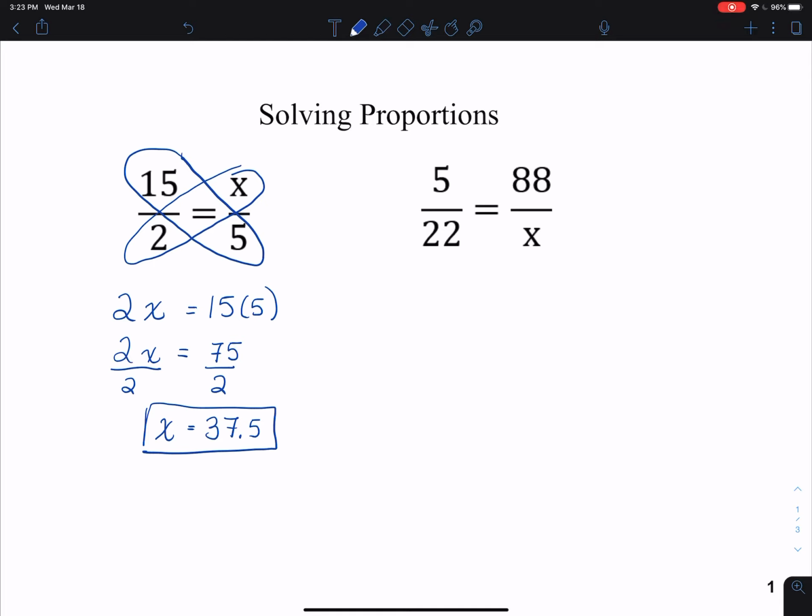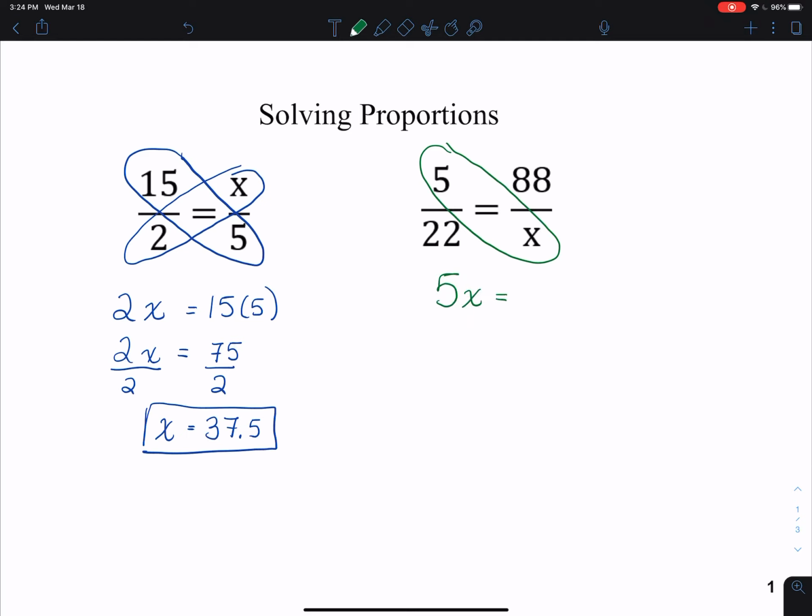If I look at this other proportion, I have 5 over 22 equals 88 over x. So I'm still going to solve by cross multiplying. Like I said before, it does not matter which diagonal I multiply first. So I'm still going to choose the one with the variable, the x. So I'll do 5 times x first. That gives me 5x.